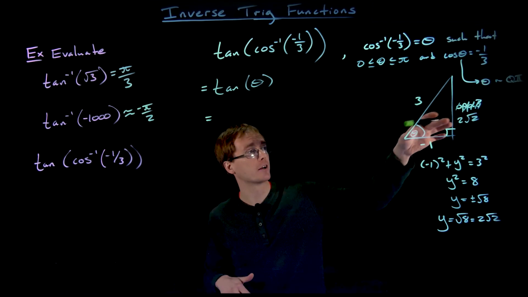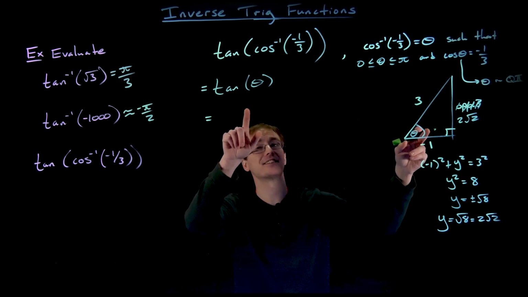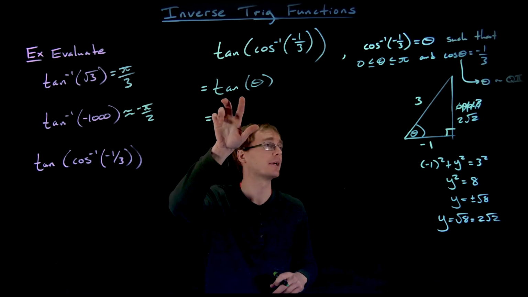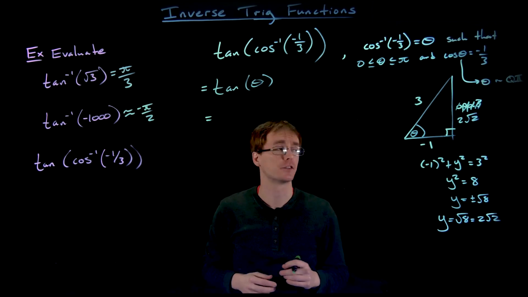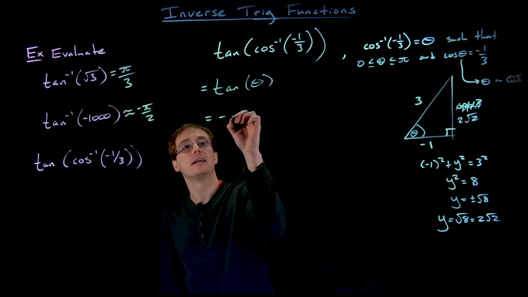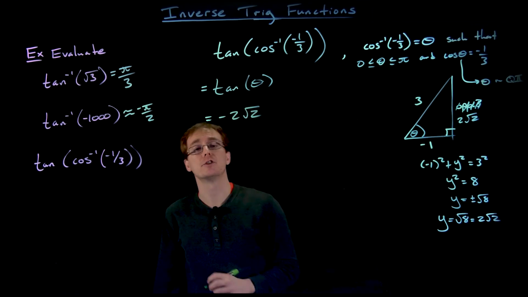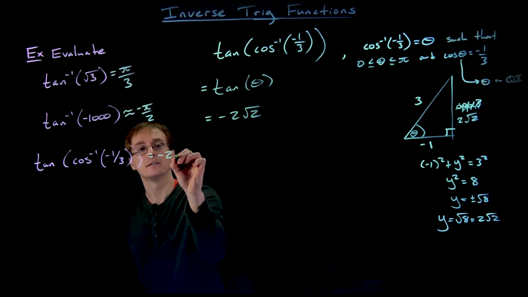Well, all this right triangle work was dealing with that cosine inverse of -1/3 part. That helped us set up this right triangle. And now we can take tangent of this angle within our right triangle to finish evaluating this expression. So tangent is opposite over adjacent. That's going to be 2 times the square root of 2 divided by -1, or just -2 times the square root of 2.